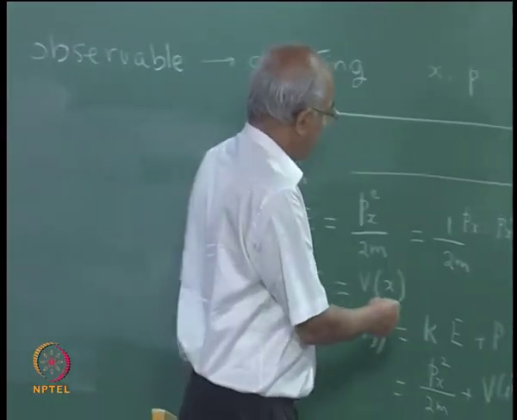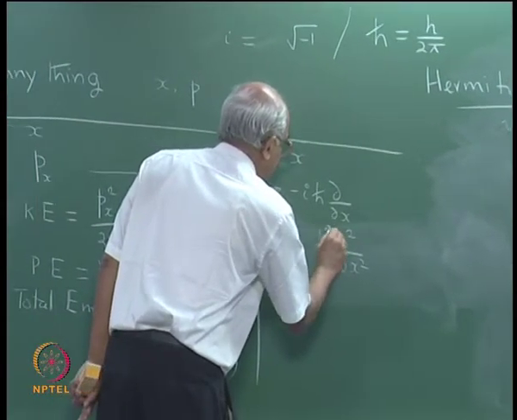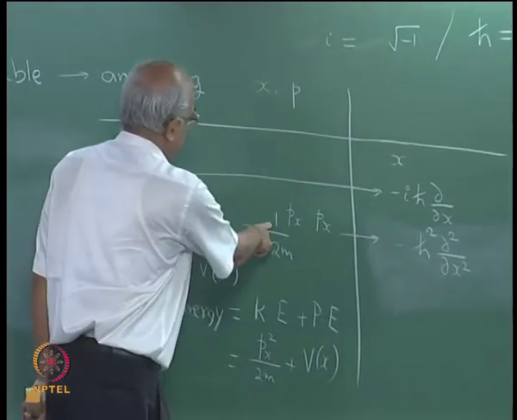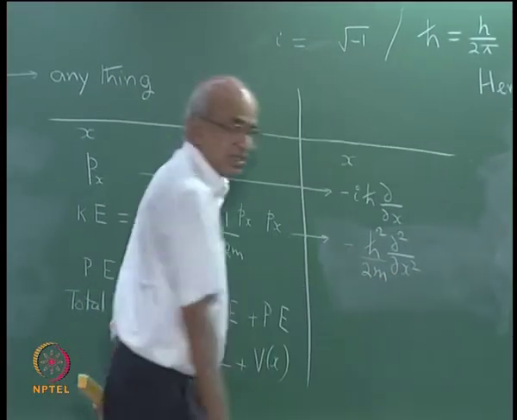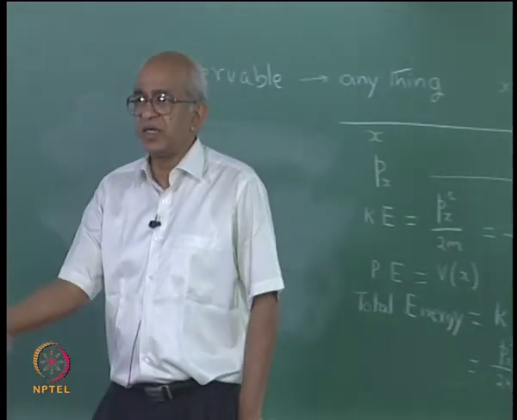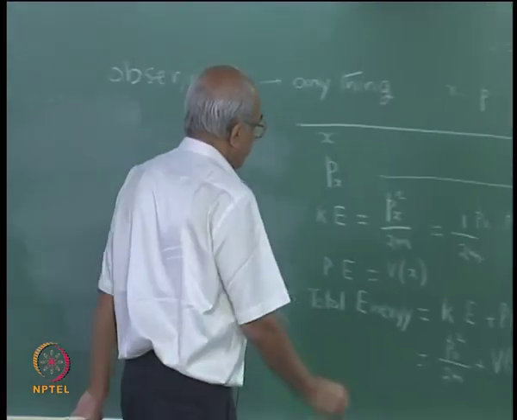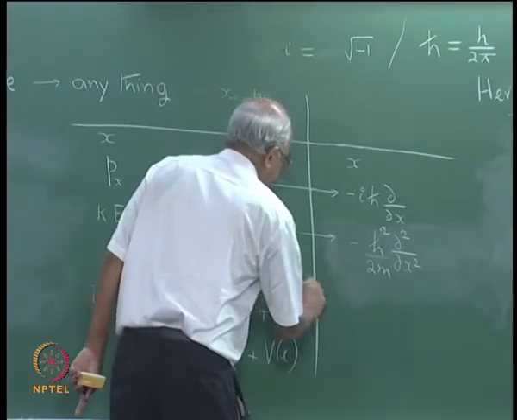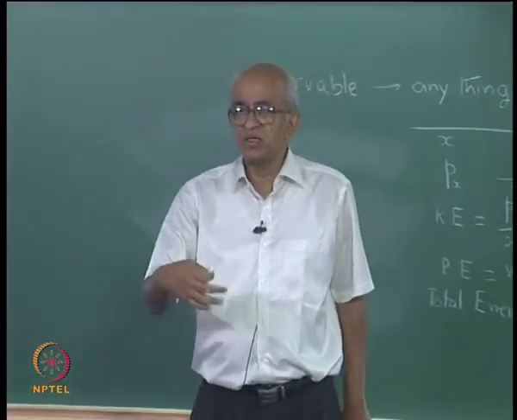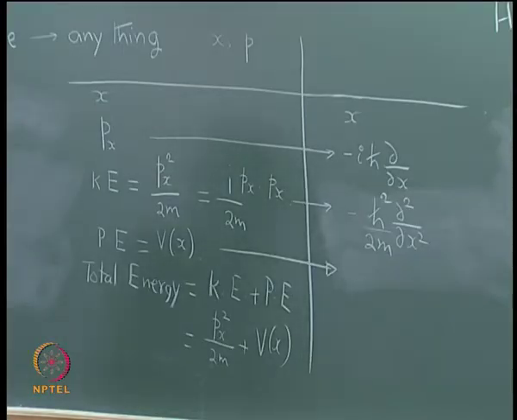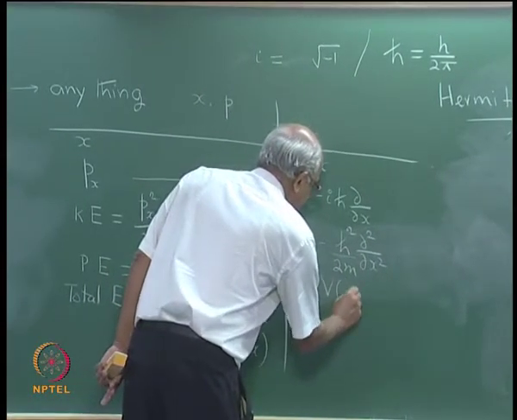So, this is going to be minus h cross square, and of course, I should not forget the 1 by 2m sitting there. So, this is the operator associated with kinetic energy. And if you think of potential energy, V of x, you look at the expression, there is no momentum occurring, only x is occurring. So, you do not do anything, because it is just a function of x alone.